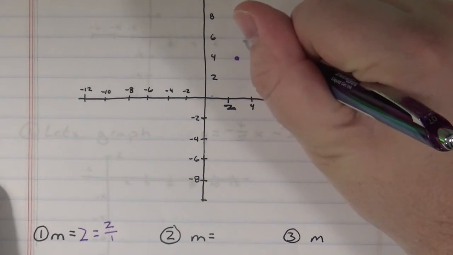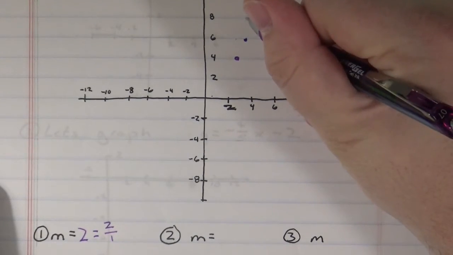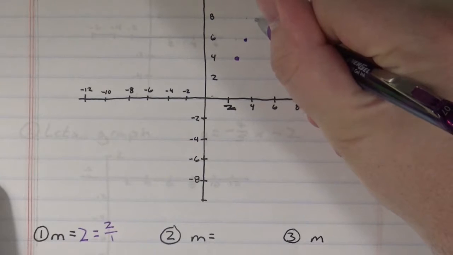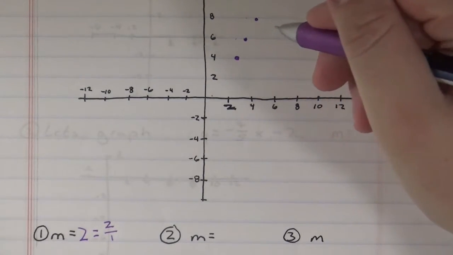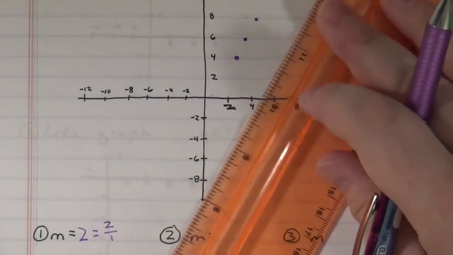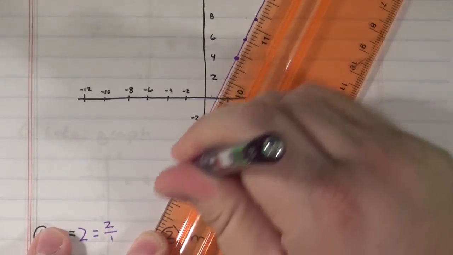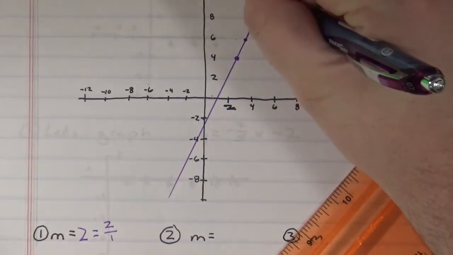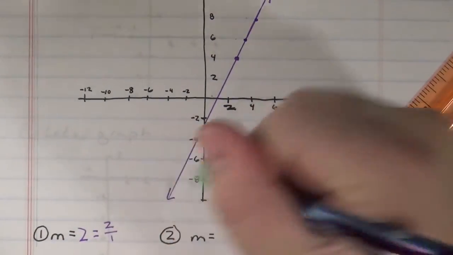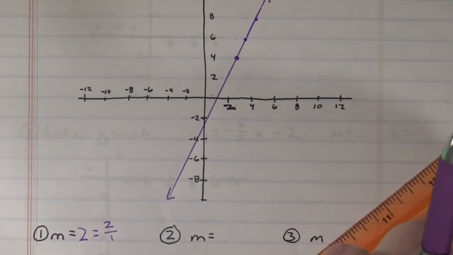I'm going to go up 2 and to the right 1 again. This process can continue forever and ever, but I don't want to do that. So we're going to draw our line. So I have made my line that goes through 3, 4 with a slope of positive 2.